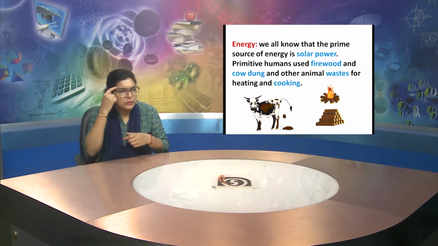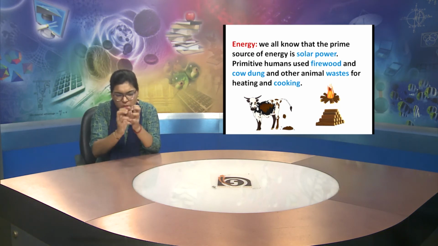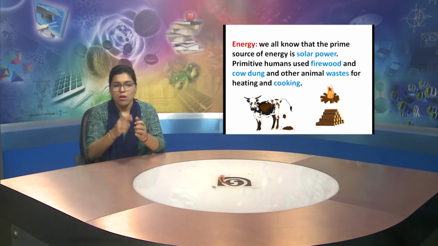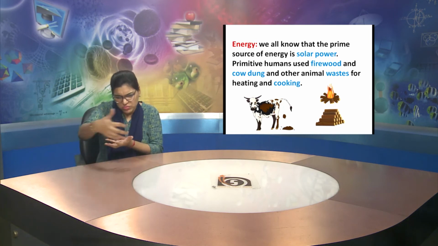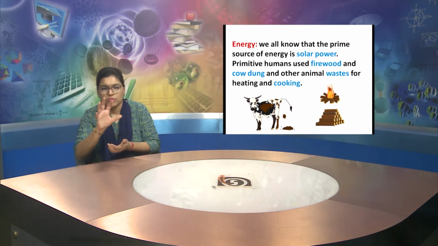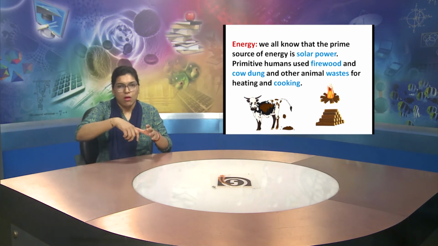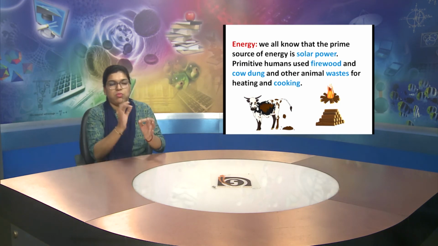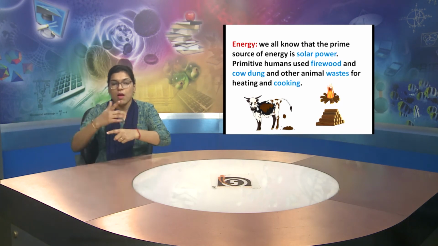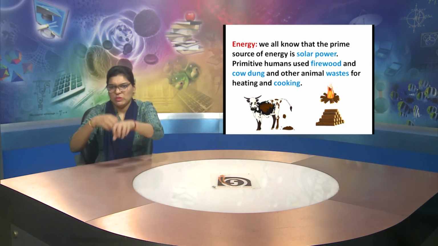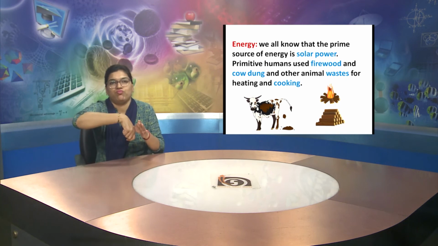The primitive humans used energy in their own ways, like they used firewoods, and also they used cow dung, and also other animal waste for heating and cooking purposes. So there are different kinds of animal wastes which can be used for the production of energy.